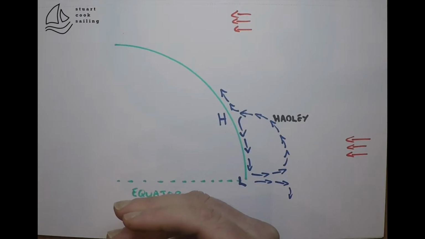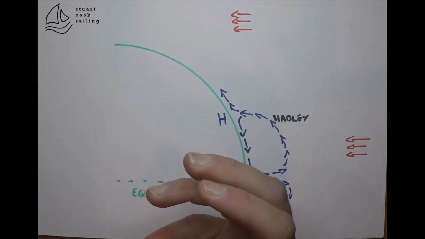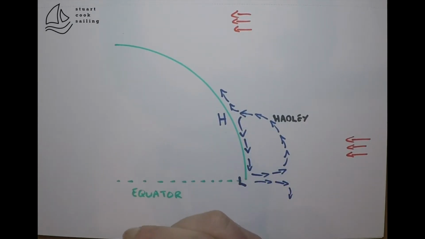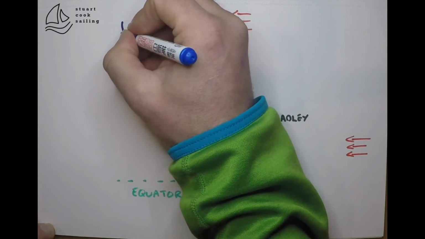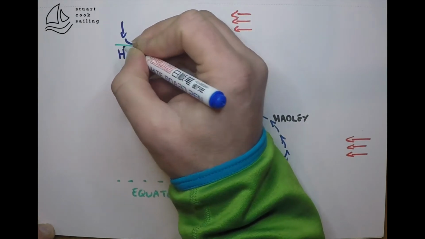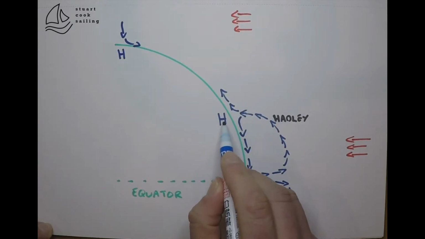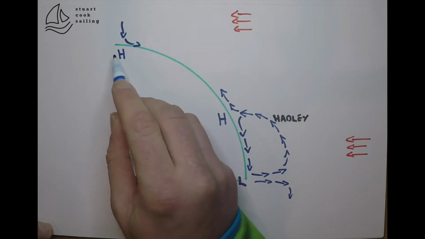Also, the colour of the surface at that point is white, so there's a lot of reflection going on as well, which creates a very cold air mass around the poles, and so we have a falling air mass over the poles, giving us our polar high, as opposed to the subtropical high and the equatorial low.